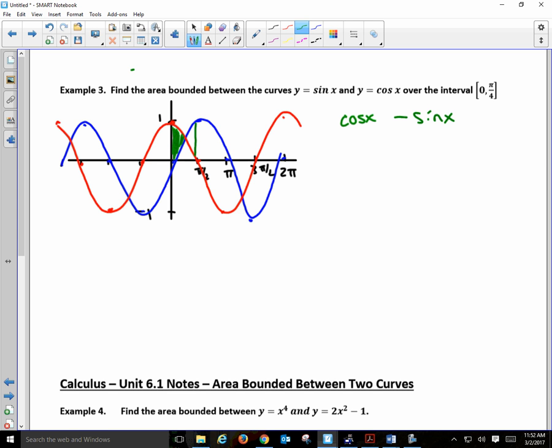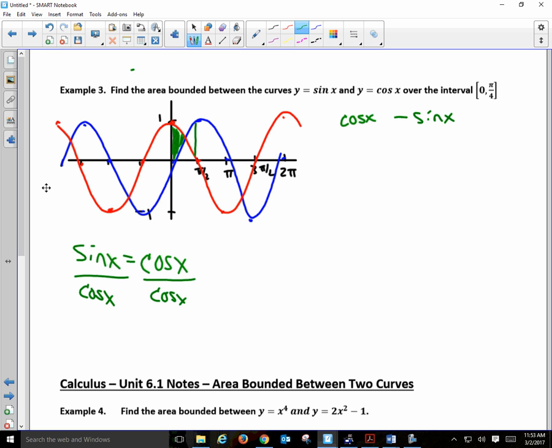We should verify. Let's say sine of x is equal to cosine of x and see where they intersect. Okay, Dylan confirms that it looks right. We'll verify mathematically. Do you remember from trig how we solved this? Divide by cosine. Good.